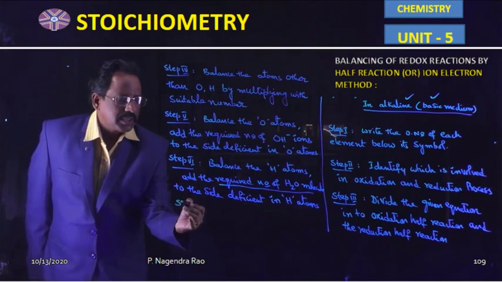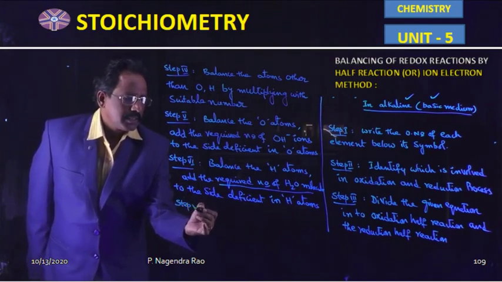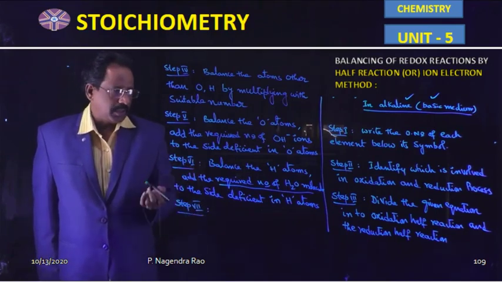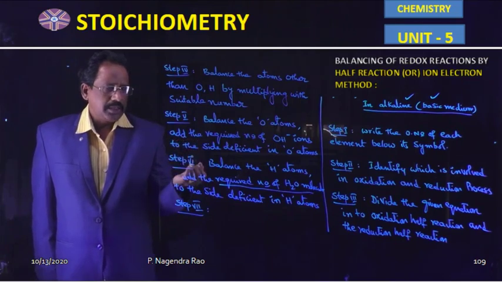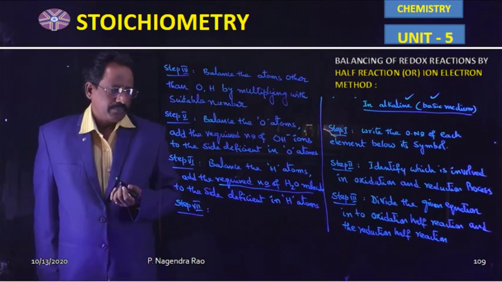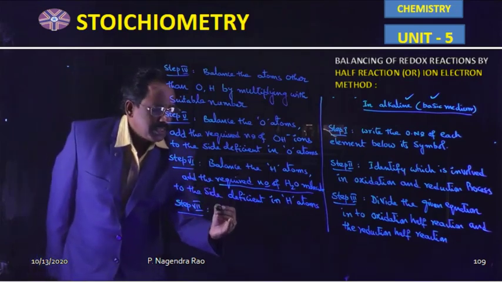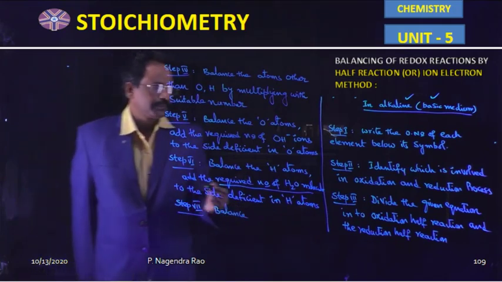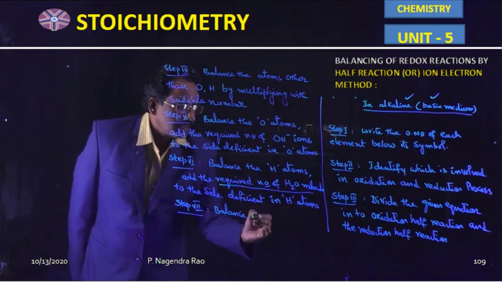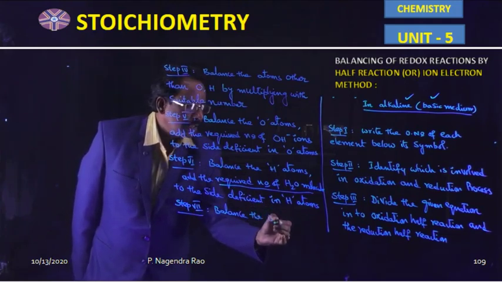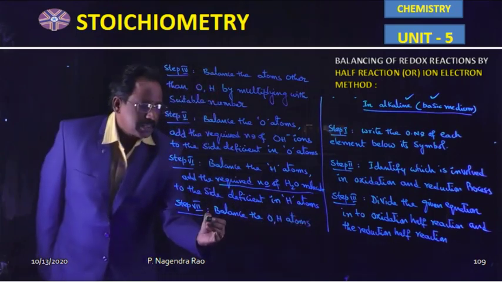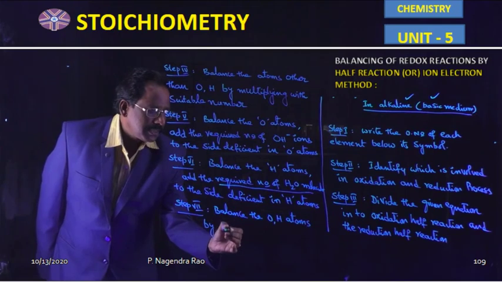So follow step 7. After the addition of water molecules, both oxygen and hydrogen vary in each half reaction. That's why balance the oxygen, hydrogen atoms by hit and trial method.